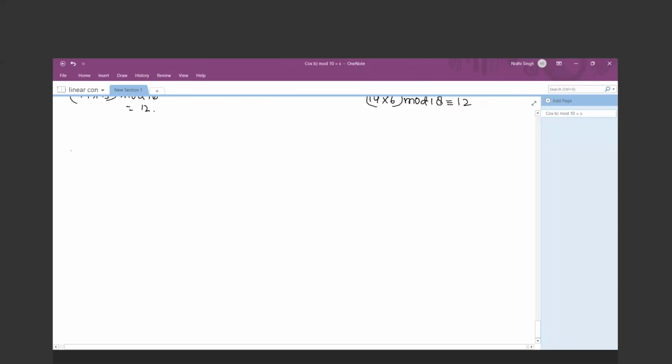Now the another question states 3x plus 4 congruent to 6 mod 13. Now this equation is not in the form of this one. You have to make this equation in the form of this one because of the plus 4 over there, so you have to add the additive inverse of 4 on both of the sides. So what will be the additive inverse of 4 over there?